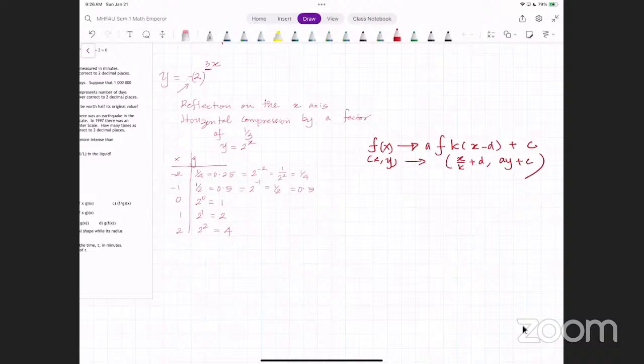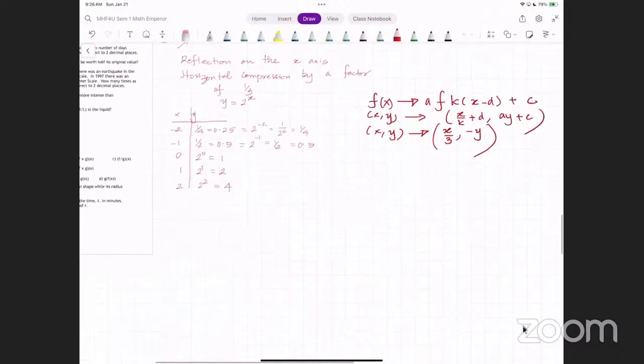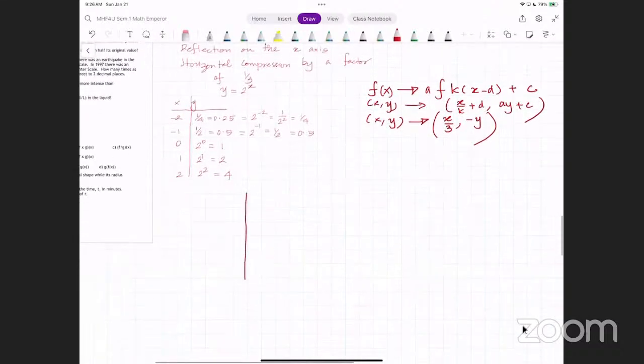So in this example, my a is minus 1, my k is 3, d is 0, c is 0, isn't it? So if I have a point x comma y, it's going to be x over k, which is 3, plus d which is 0, ay which is minus y, plus c which is 0, isn't it?